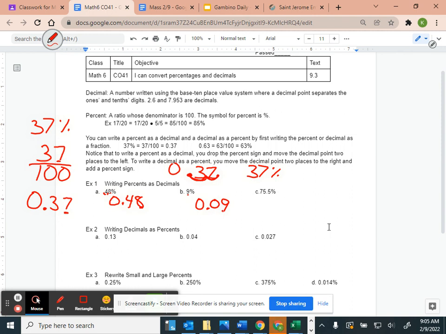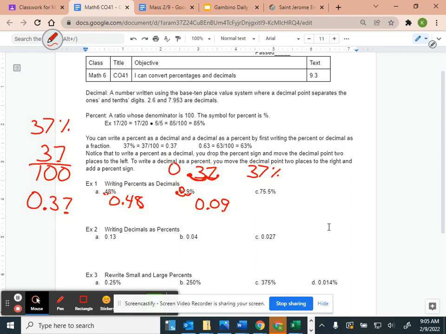So this is 9 hundredths. We know that we need those 2 places there. So if we took that decimal point and we went 2 places to the left, we had to fill in that missing empty place with the 0. So that was exactly right, Landon. So 9% is 9 hundredths, 0.09.